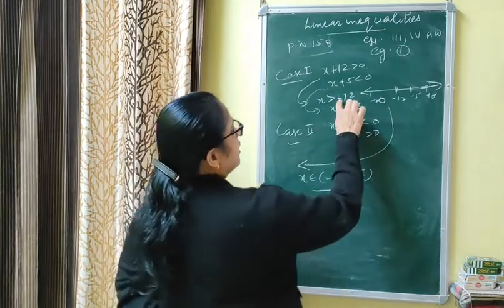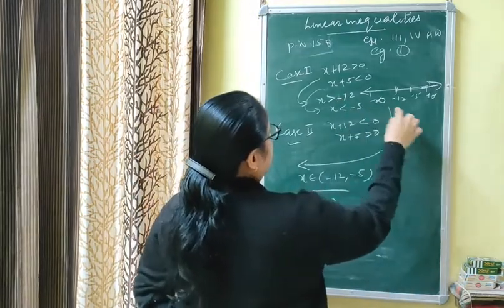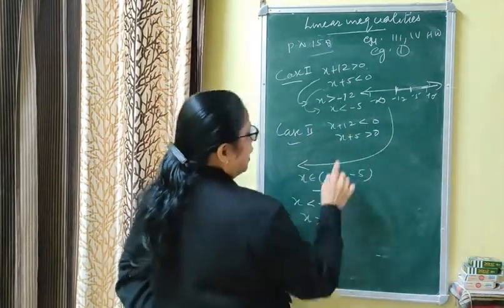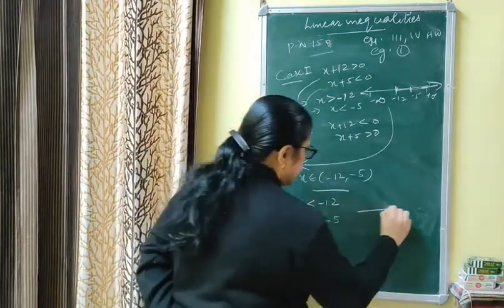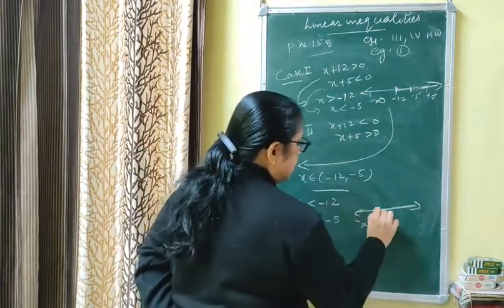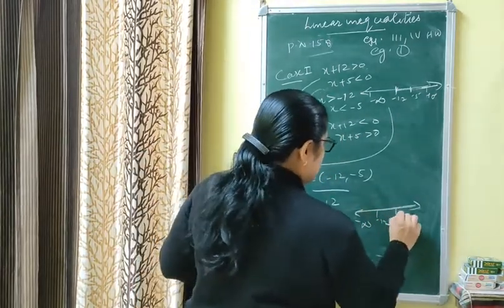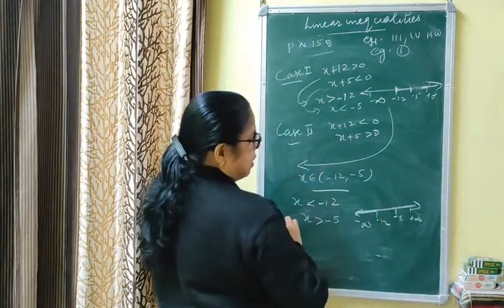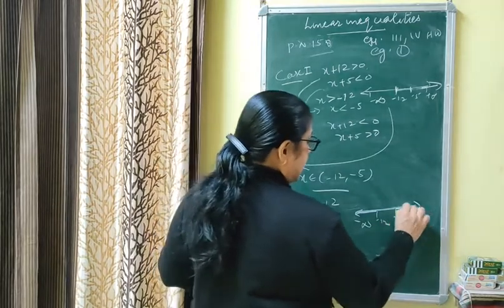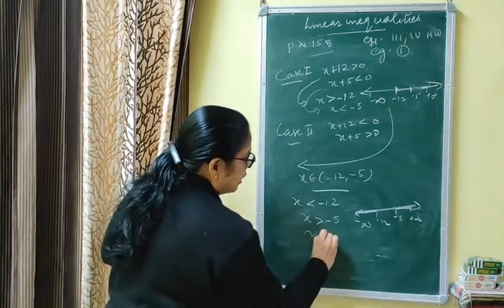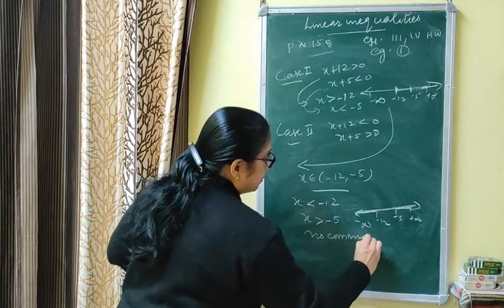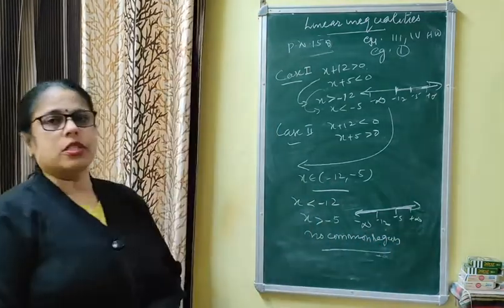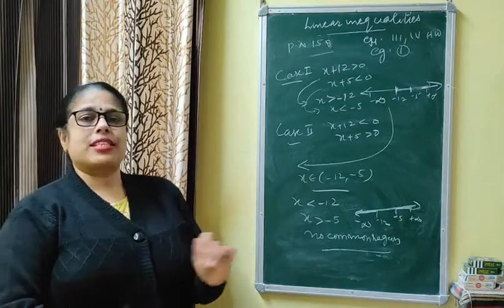Here x less than minus 12 means this side of minus 12, and x greater than minus 5 means this side of minus 5, so no common region. So which case gives our result? Case 1. So you can write this as no common region for case 2. In this way, if you solve the questions, you will not lose even fractions of marks.